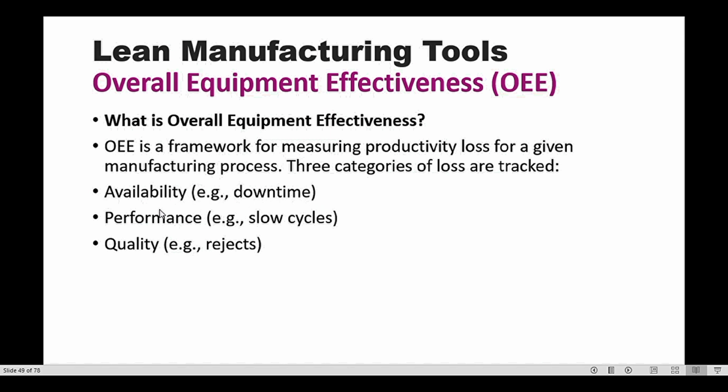And the second is performance continuity. Is it running on full capacity or not, or under capacity or slow cycles? Third is quality, either the units produced during the shift or units produced in the day, and how many units have been rejected and how many units are good.